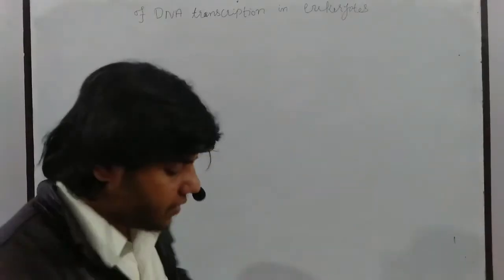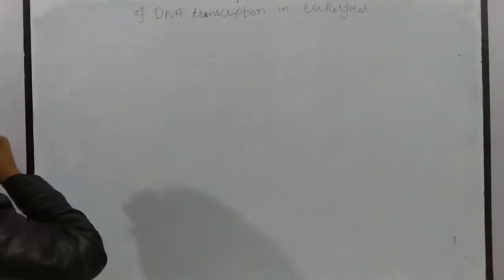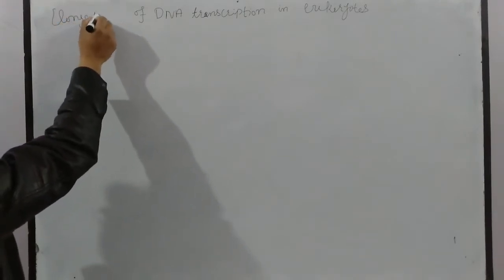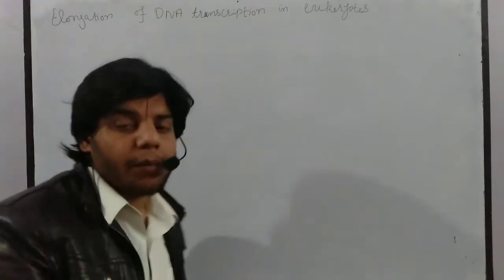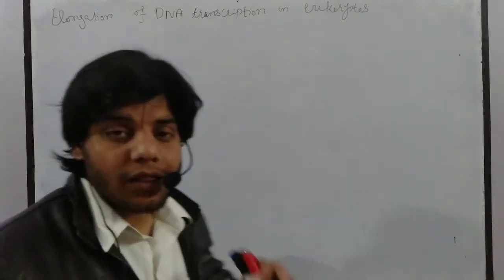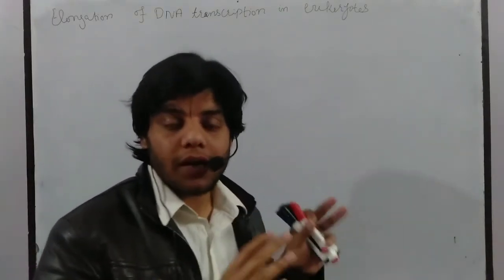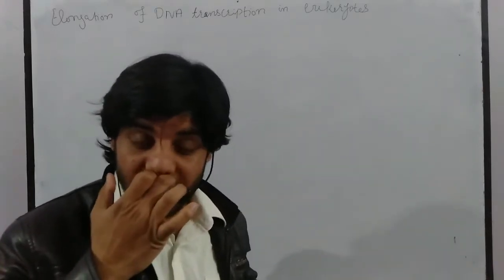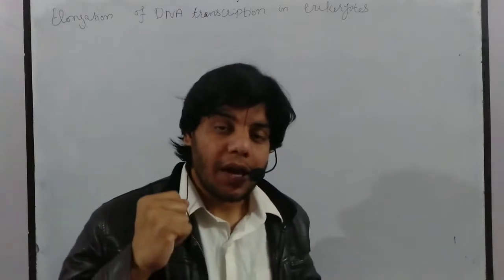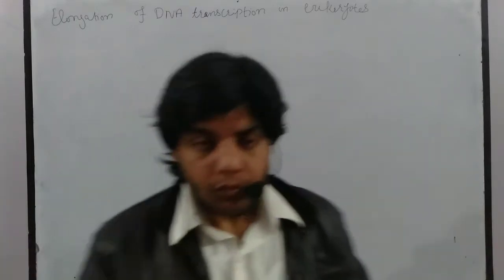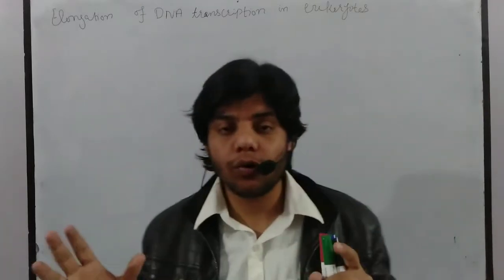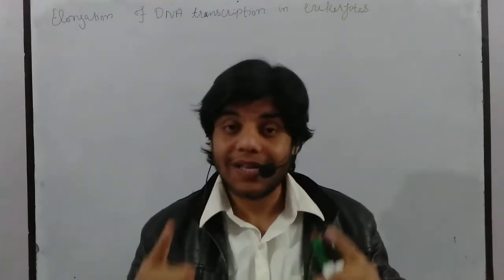Okay, so let me write. Now, what happened in this case? To explain the steps involved in elongation of DNA transcription, first of all, let's talk about the introduction. Elongation of DNA transcription in eukaryotes as well as in prokaryotes is similar.